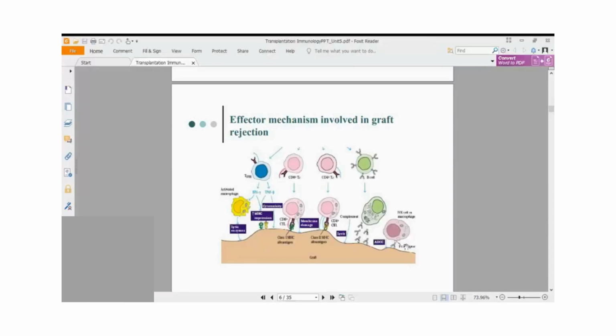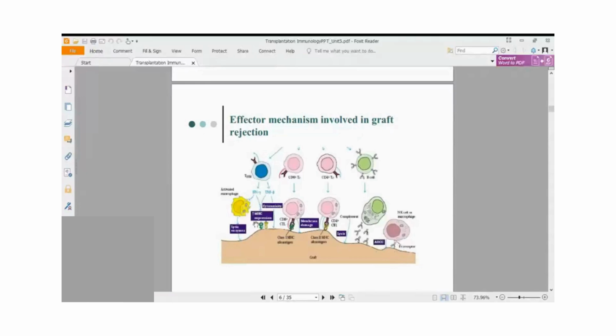They will express the Fc receptor on their surface, to which the circulating antibody produced against the donor's organ will bind. Those cells like NK cells, macrophages, eosinophils and neutrophils will now mount an ADCC response, antibody dependent cell mediated cytotoxicity, resulting in secretion of large amounts of lytic enzymes, perforins and granzymes, which also damage the donor's organ.